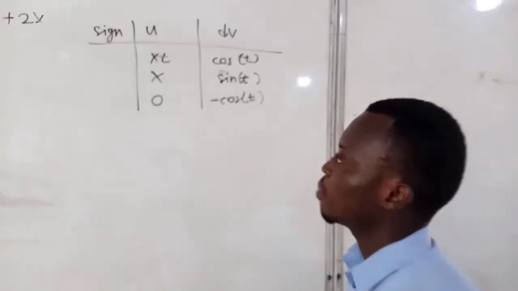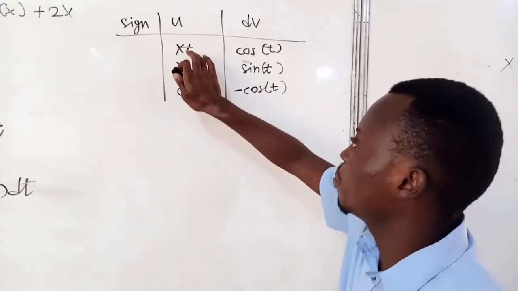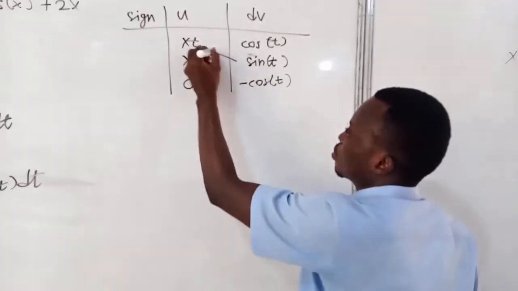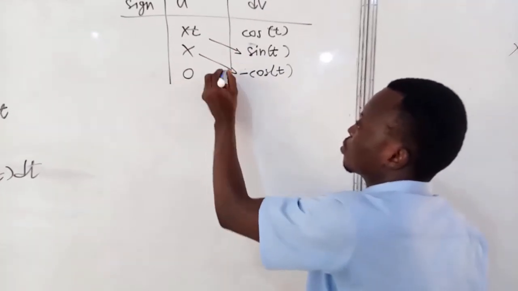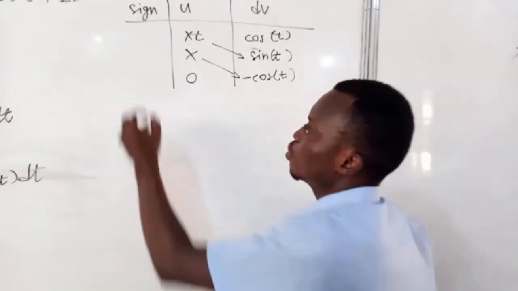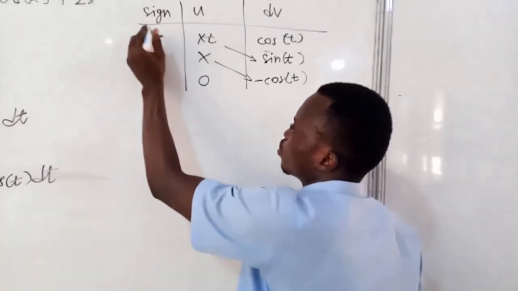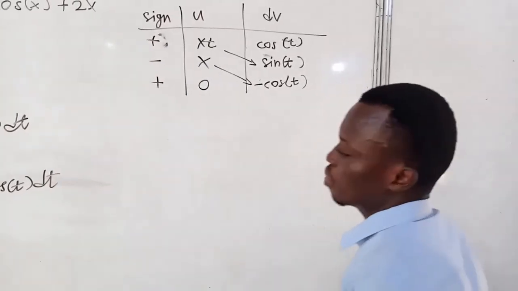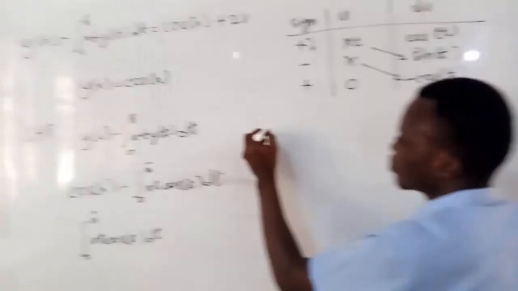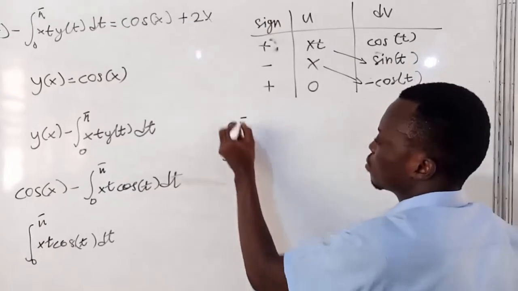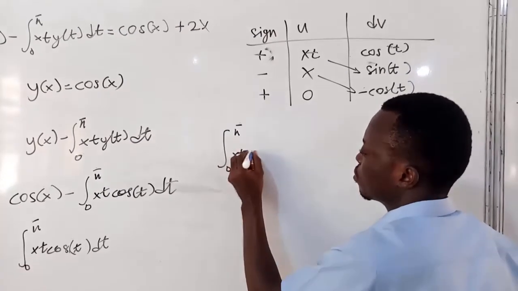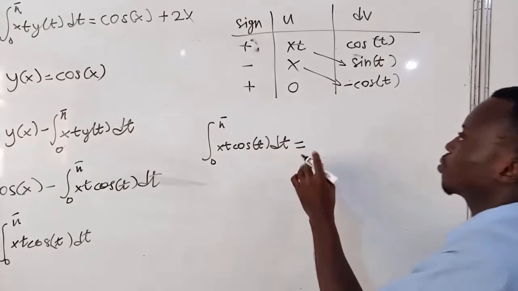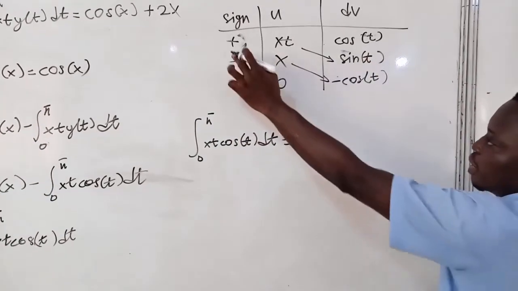So that we map the sign. We will map the first term here to this side, and the sign, we alternate the sign from positive to negative. So positive, plus, negative, plus. Now this integration becomes st times sin t, and here is positive.